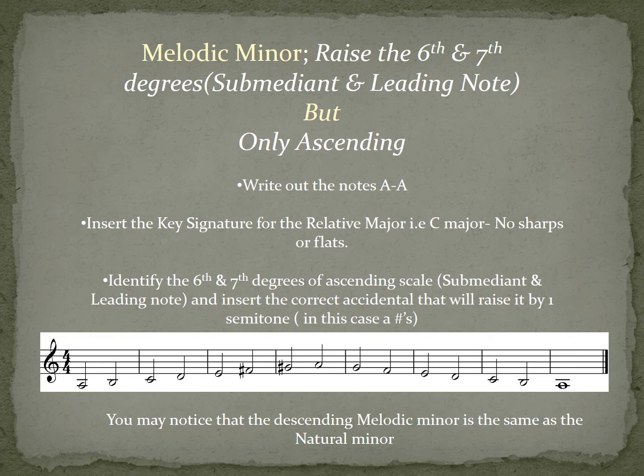The key signature is the same as its relative major C, which has no sharps or flats. But the added accidentals you then need to add is you need to identify the 6th and 7th degrees of the ascending scale, the submediant and the leading note, and you insert the correct accidental that will raise it again by 1 semitone, in this case sharp signs.